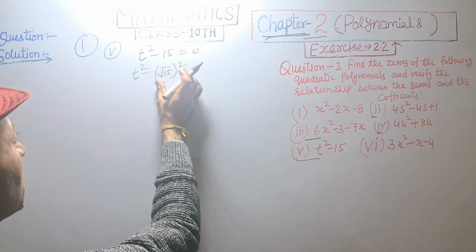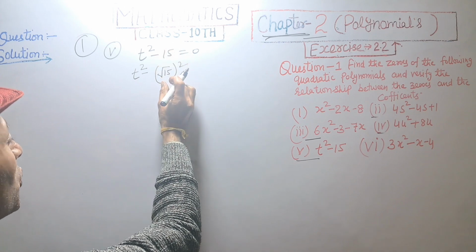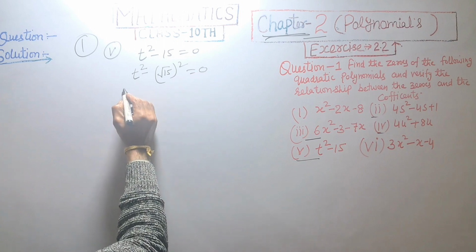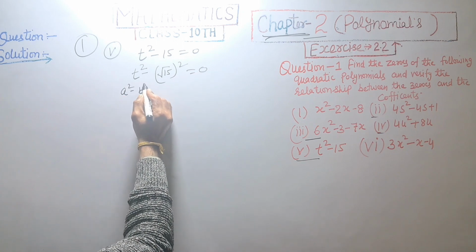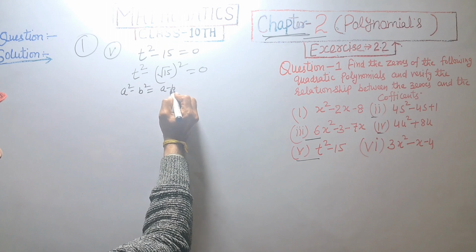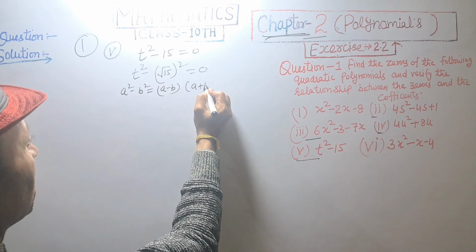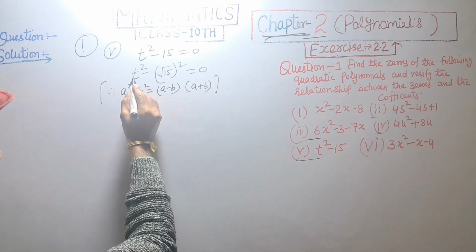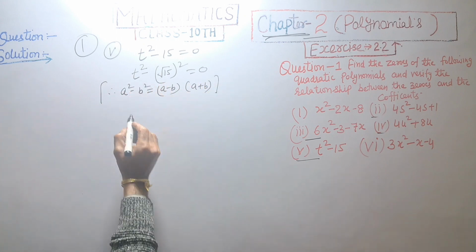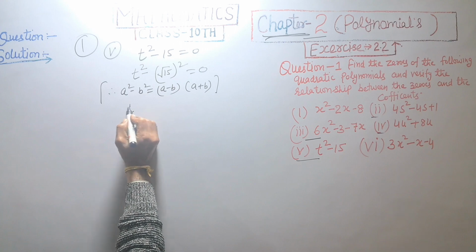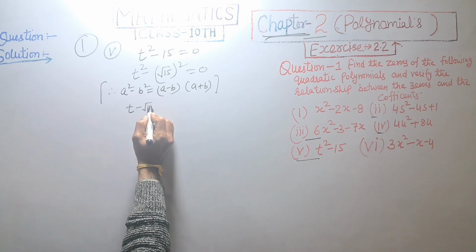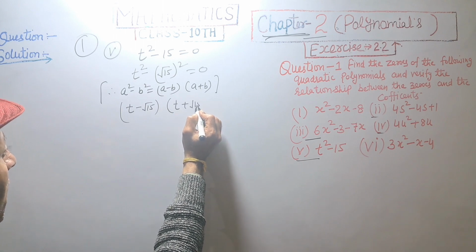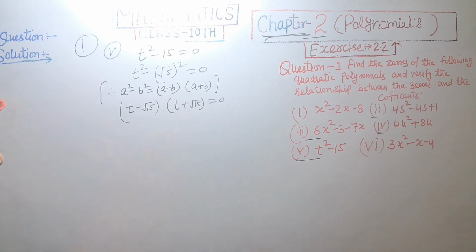Root square is cancelled, 15 can be written as root 15 square equal to 0. a square minus b square is equal to a minus b into a plus b. Here a is t and b is root 15. So t minus root 15 and t plus root 15 equal to 0.